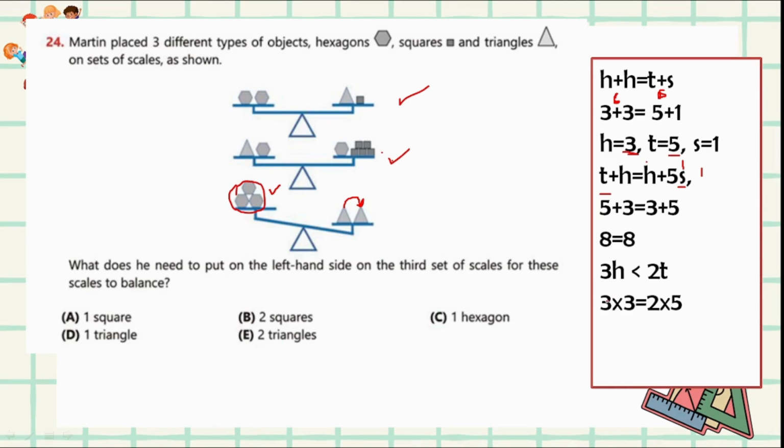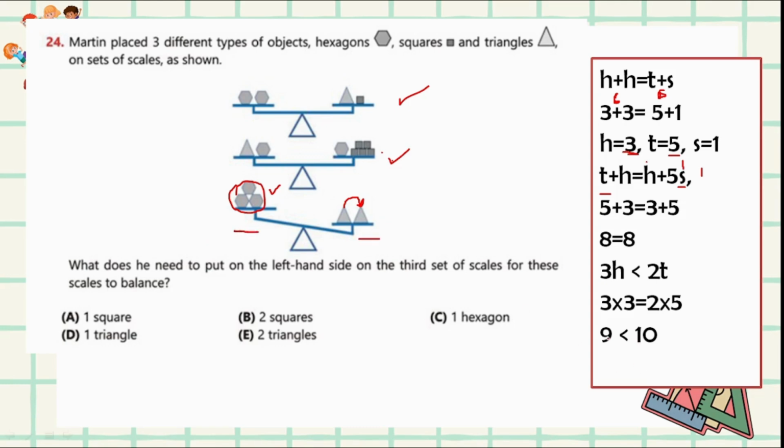So 3H means we are going to multiply the value of hexagon, that is 3, by 3. Then triangle's value is 5. So 5 twos are 10. So 9 is less than 10, which is correct because the left side of the scale is less than the right side of the scale.